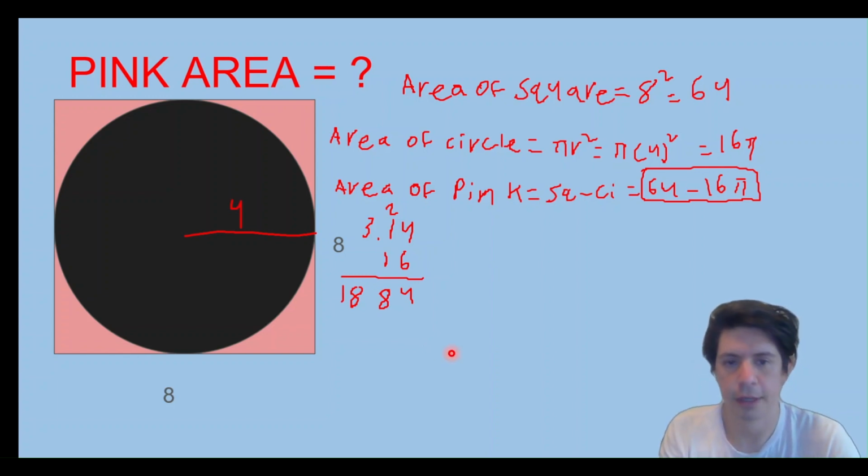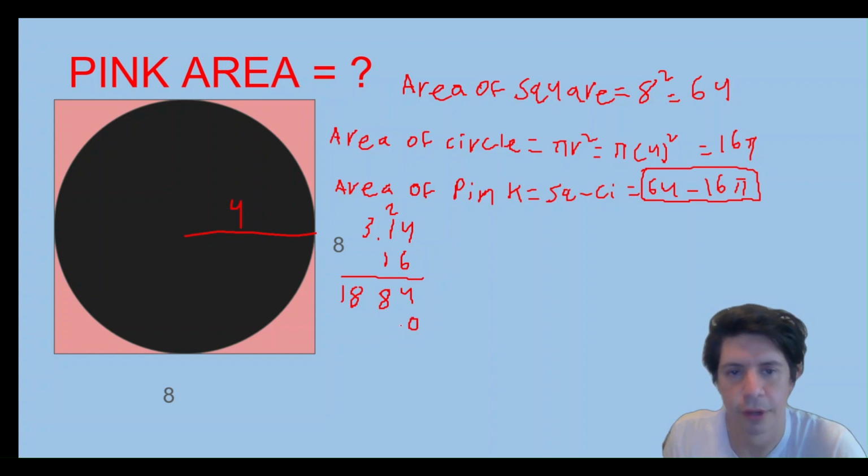Then you do the same with the 0 and the 1, adding a 0 for that place. Adding up, 4, 2, carry the 1, 0, carry the 1, and 5. So we have 50.24.